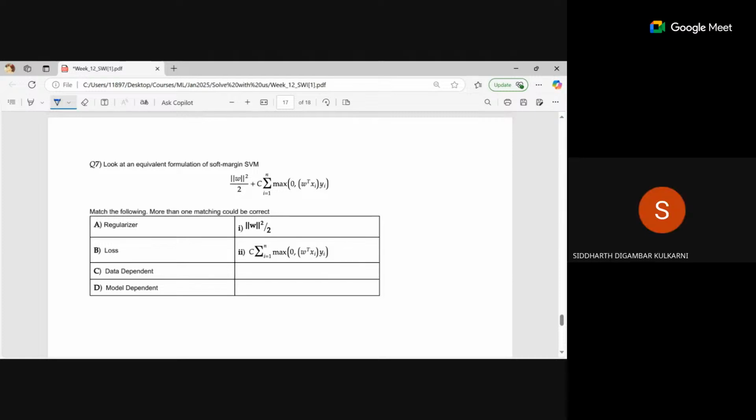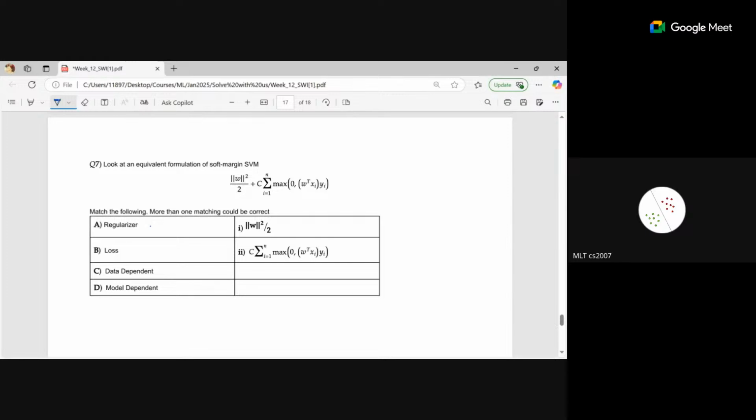Model dependent is the first one, that is W squared by 2, and data dependent is the second one. Also the regularizer is the first and the loss is the second. Let us match the following.